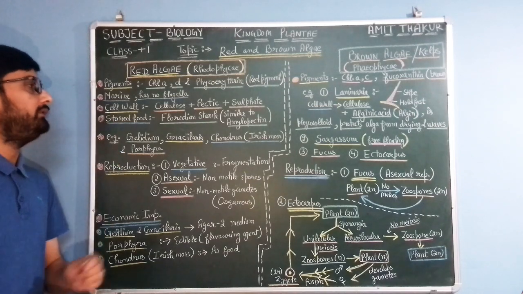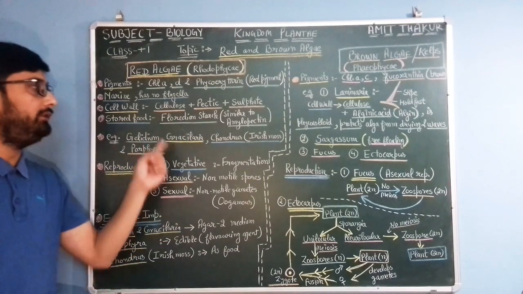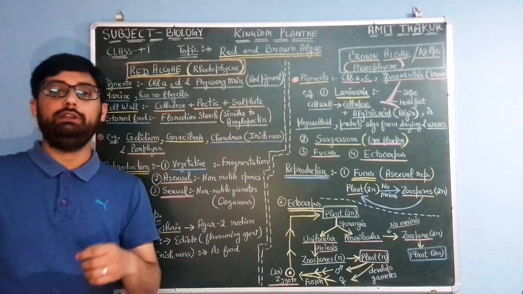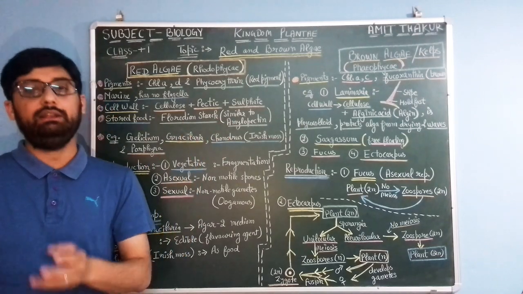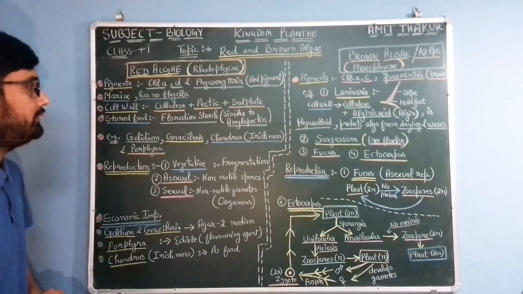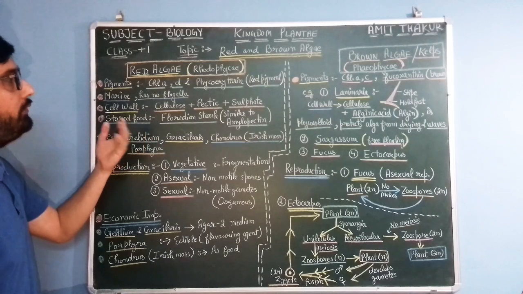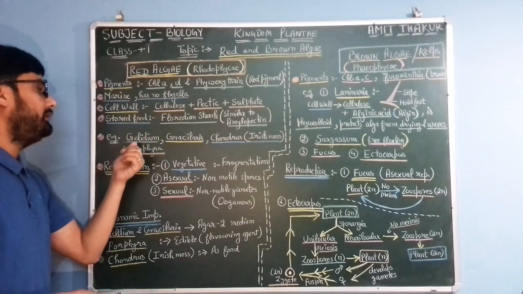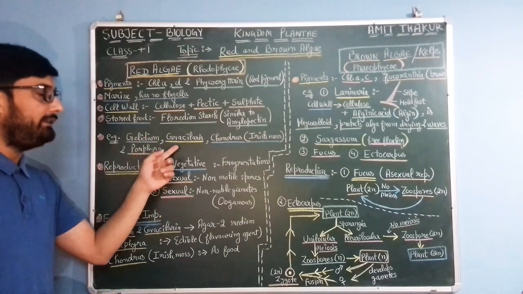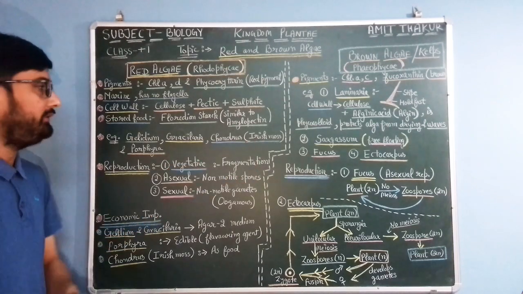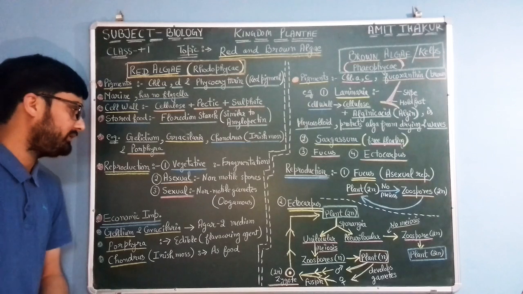The reserve food material is Floridean starch, and this Floridean starch is very similar to amylopectin and glycogen. Okay. The famous examples of Rhodophyceae are Gelidium, Gracilaria, Chondrus, which is also known as Irish moss, and Porphyra.